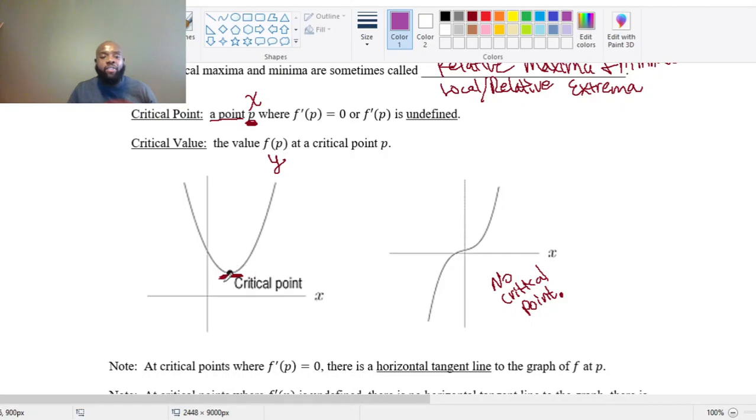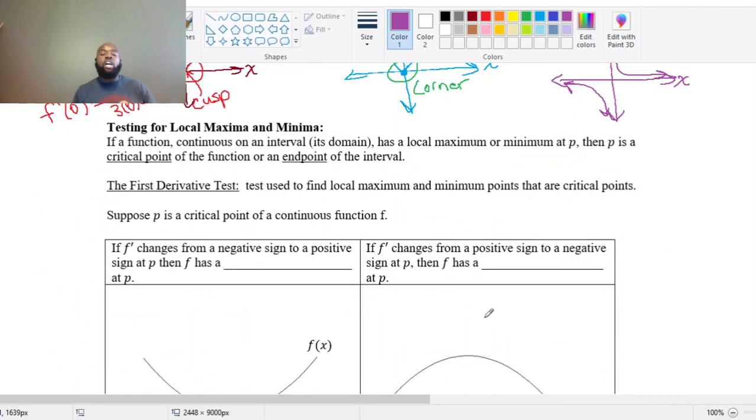I want to be able to find the maximum and the minimum values of our functions. And this is going to happen at critical points for us, where our derivative is defined and equal to 0. And so let's talk about testing for local maxima and minima. It says if a function continuous on an interval, which is its domain, has a local maximum or a minimum at P, then P is a critical point of the function or an endpoint of the interval.